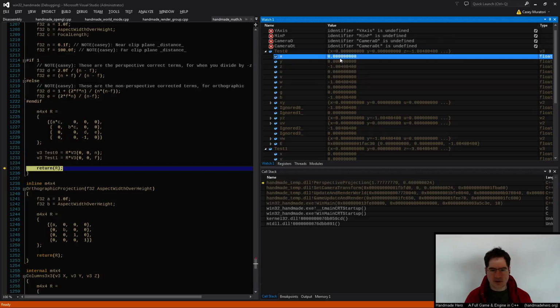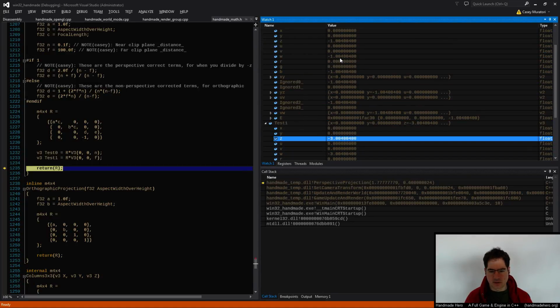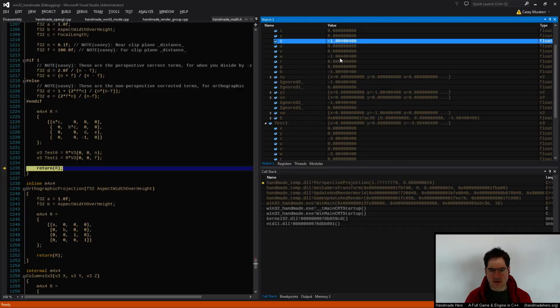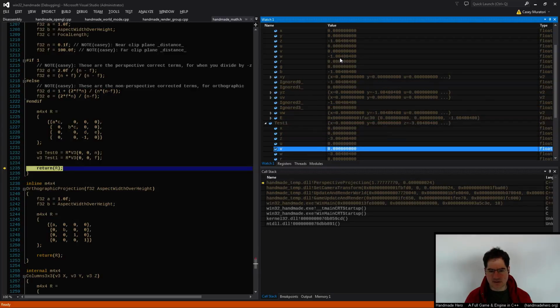And so the fact that these two values are coming out with the same sign is not good, because the sign of the W coordinate in both cases is negative.